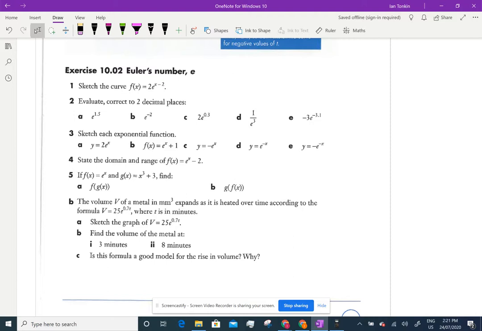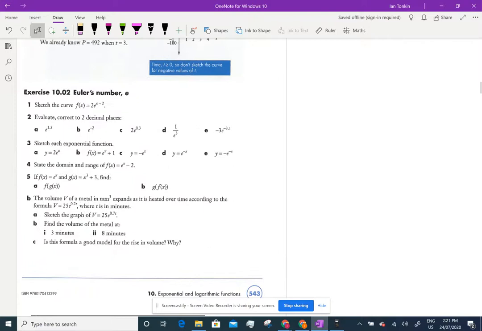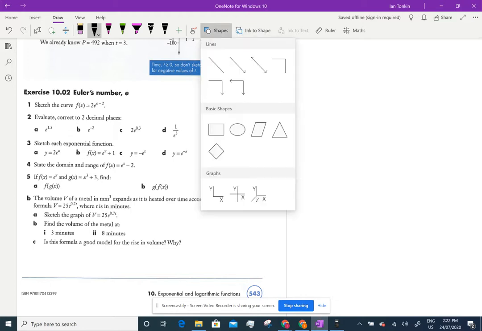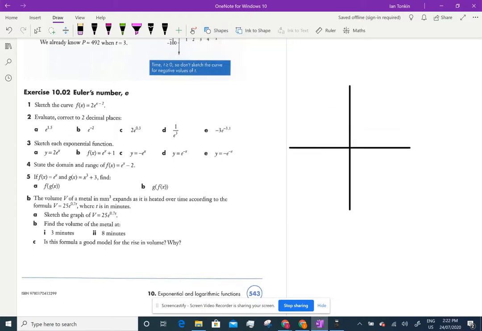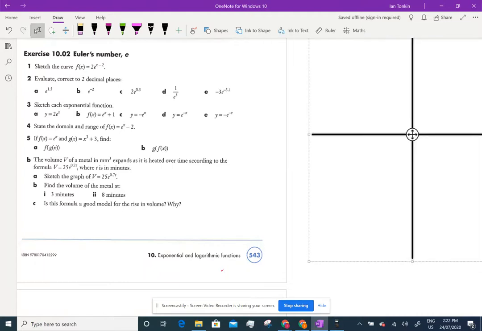Now, the first thing you need to be able to do is sketch these curves. We've been doing exponentials, but with these other ones, remember that e is a number. It's approximately pretty close to 3, 2.718. So sketching it is not hard. Let's have a look at 10.2. Set of axes.